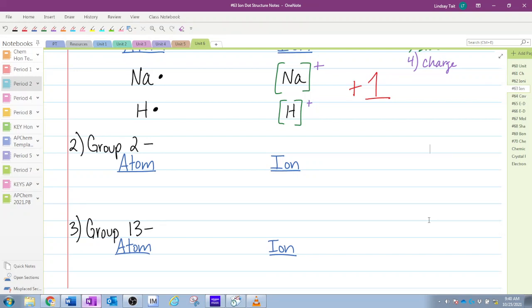Let's look at group 2. We're going to look at an atom of beryllium. As an atom from group 2, it would have 2 valence electrons. I would put those 2 dots on opposite sides.